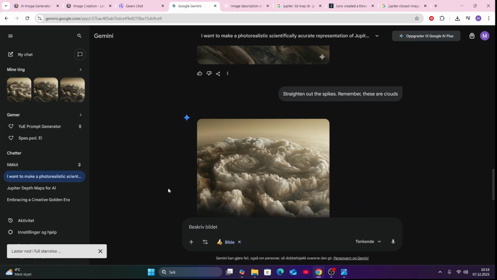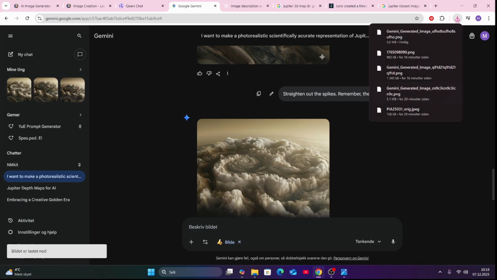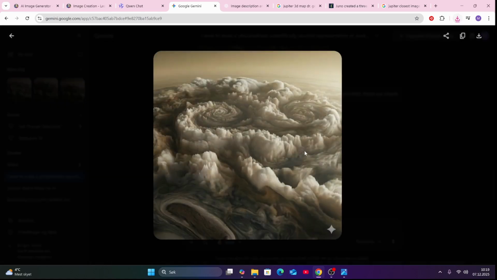The problem here is it's so alien that it doesn't really make sense for any AI trying to visualize what Jupiter's clouds actually would look like. So in reality it should probably have the same depth map, but they should be more swirling, so they should not have those spikes.